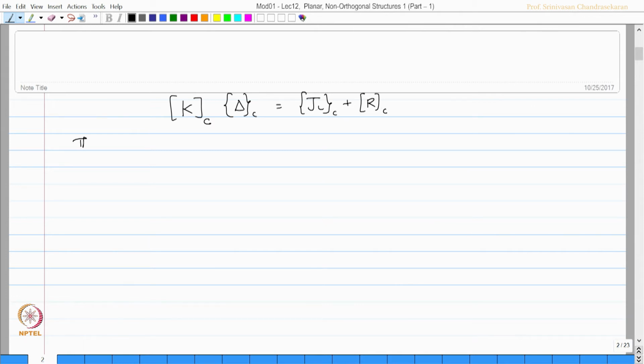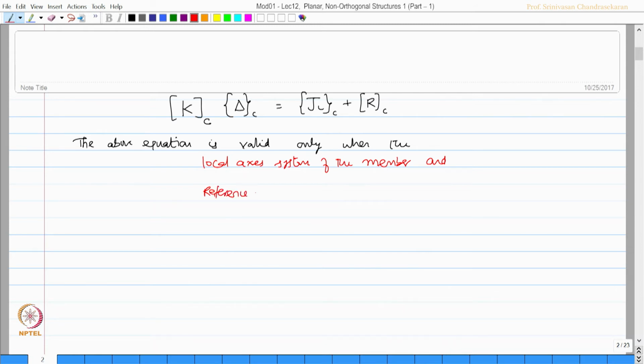This above equation is valid only when the local axis system of the member and reference axis system of the complete structure matches.